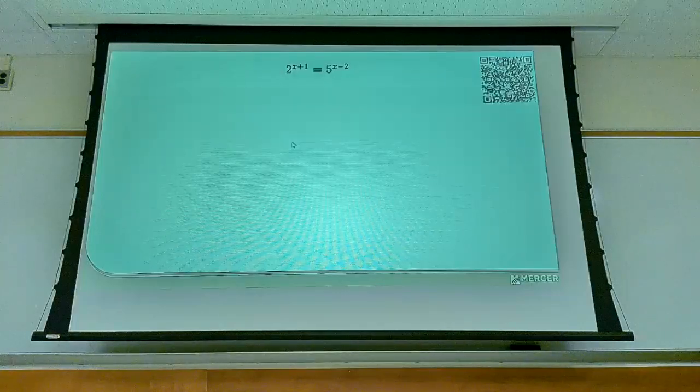You say this one's challenging, but okay. Same kind of situation we had before. You don't have a common base. Choose any base.